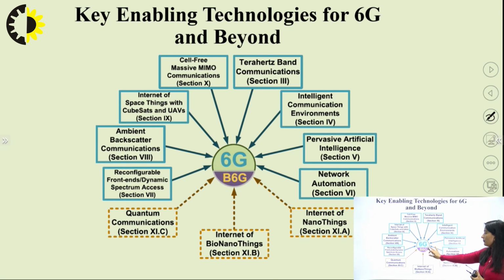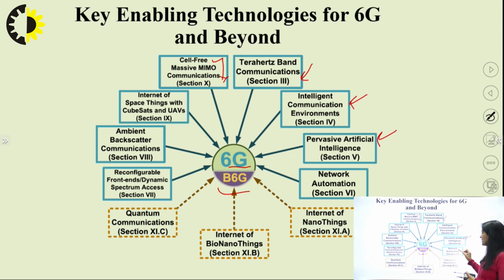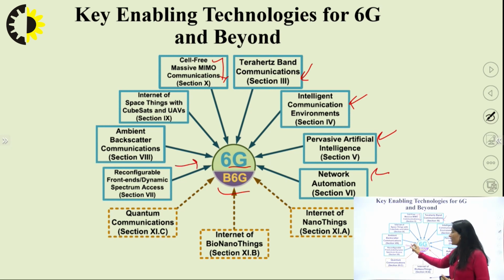6G and B6G. Here, this is 6G and this is beyond 6G I'm talking about. In 6th generation we have cell-free massive MIMO, terahertz band communication, intelligent communication environment, pervasive artificial intelligence, network automation, reconfigurable front-end dynamic spectrum access, ambient backscatter communication for reducing energy consumption, Internet of Space Things, and UAVs.